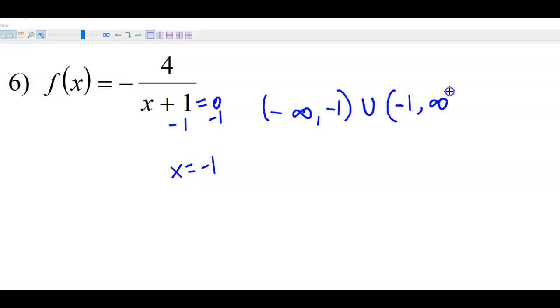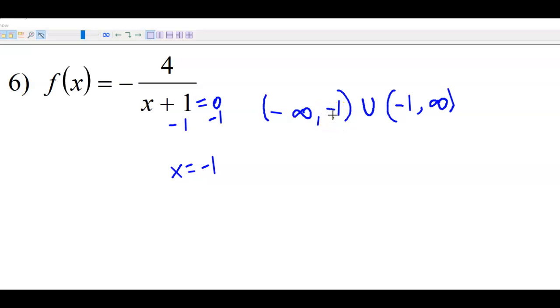So this tells me any x value on the number line is fine except for -1, and even a number right up next to it, like -0.999. Okay, that's going to be fine. -0.999 would be fine. -2 would be fine. -2.5 would be fine.